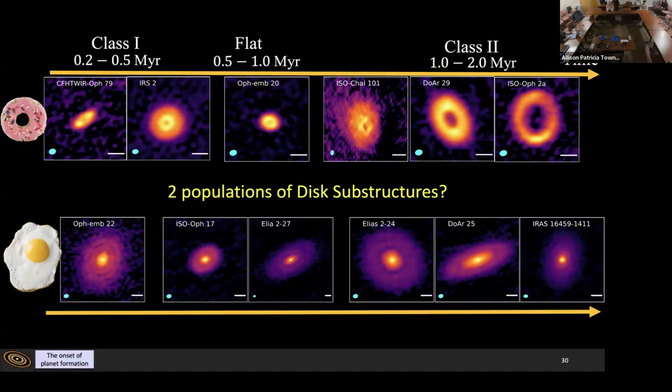Maybe a lot of these, especially the early ones with a large central cavity, could be due to very tight binaries with orbits less than 15 AU. But we don't know. We just know that within our angular resolution, there are no binaries inside the disk.